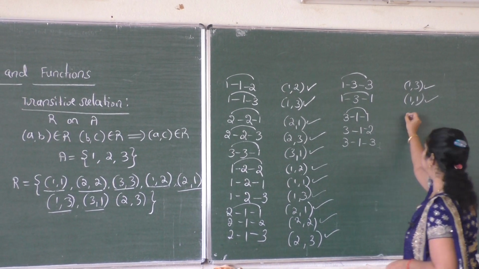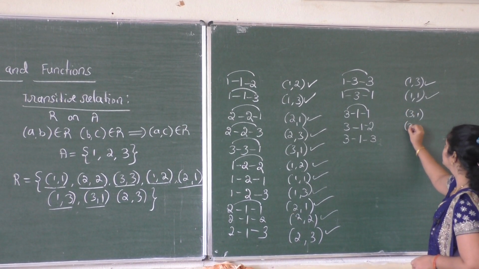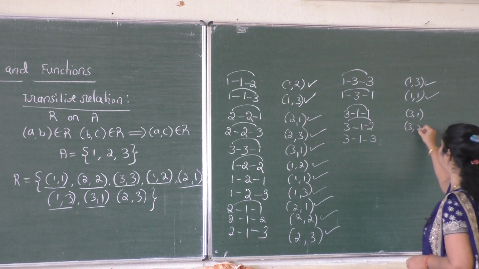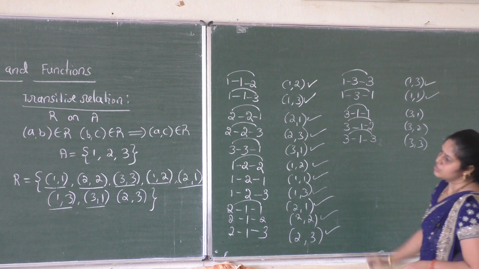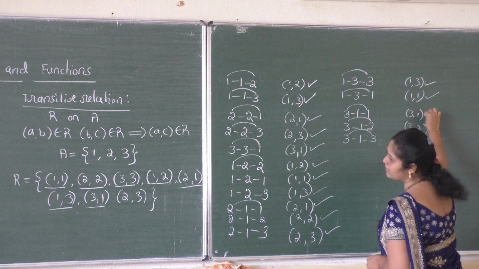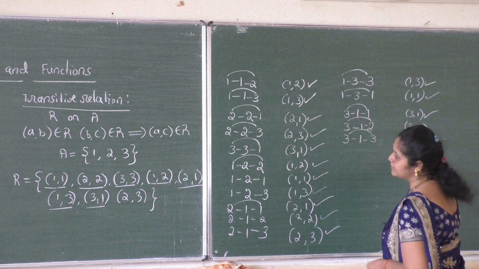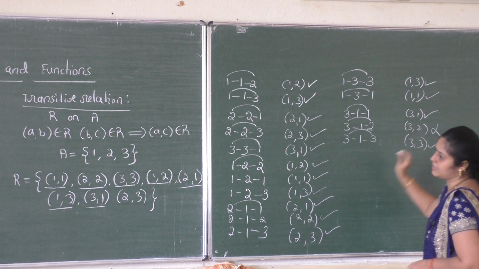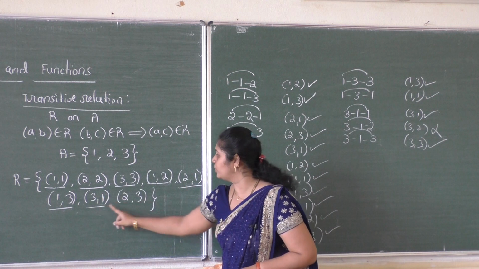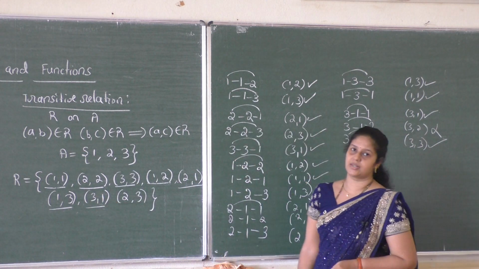Okay, now writing (3,1), here we have (3,2) and (3,3). So as you can see, (3,1) is there, then (3,2) which is not there, (3,3) is there. So (3,2) is not there in the relation R.